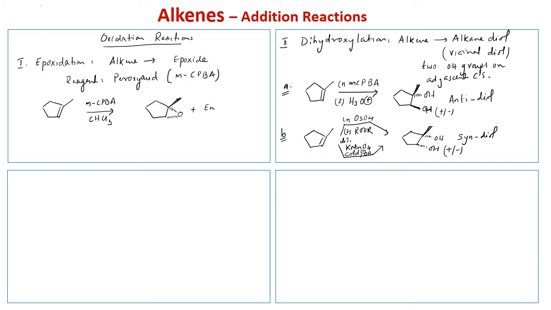Now, the third kind of oxidation that you can do on an alkene is the ozonolysis.